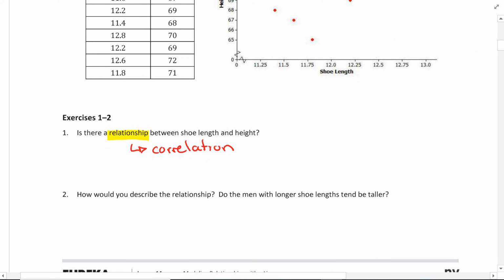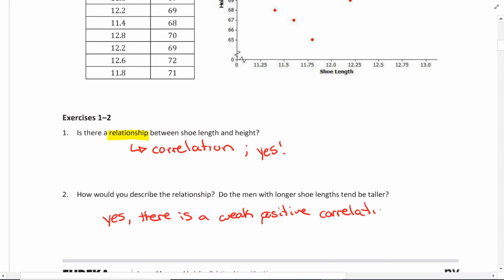If we move on, it says, how would you describe the relationship? Do men with longer shoe length tend to be taller? And we're going to call this yes. There is a weak positive correlation.